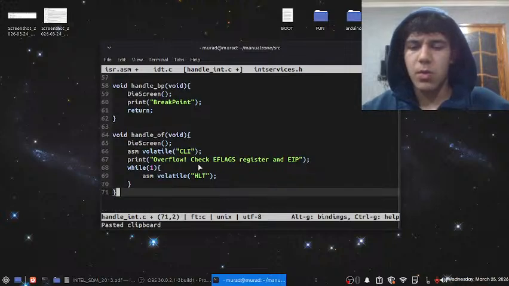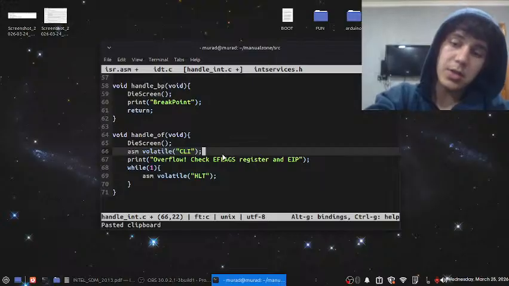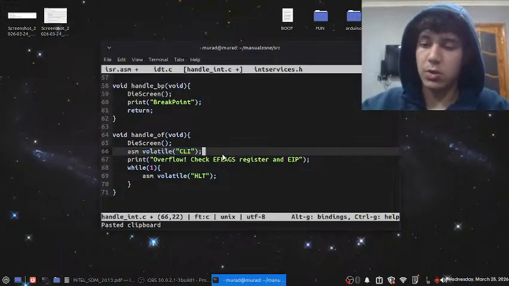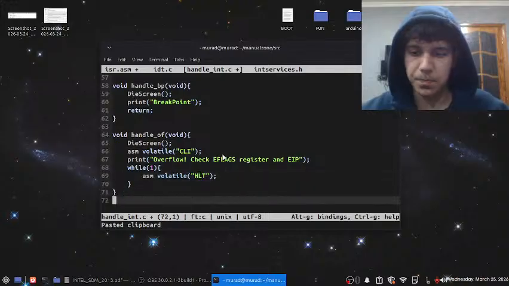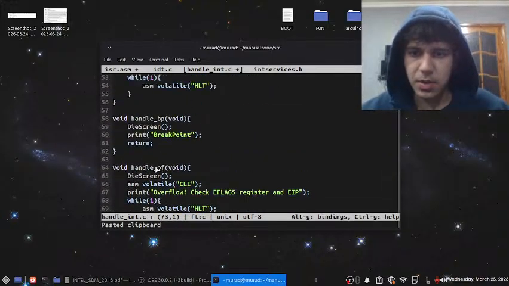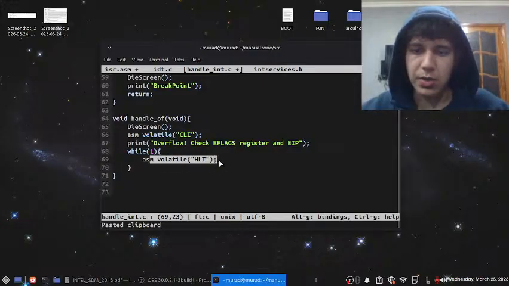When the clean instruction is executed, the interrupt flag in the eFlags register is set to 0, and the processor will wait until an interrupt occurs.